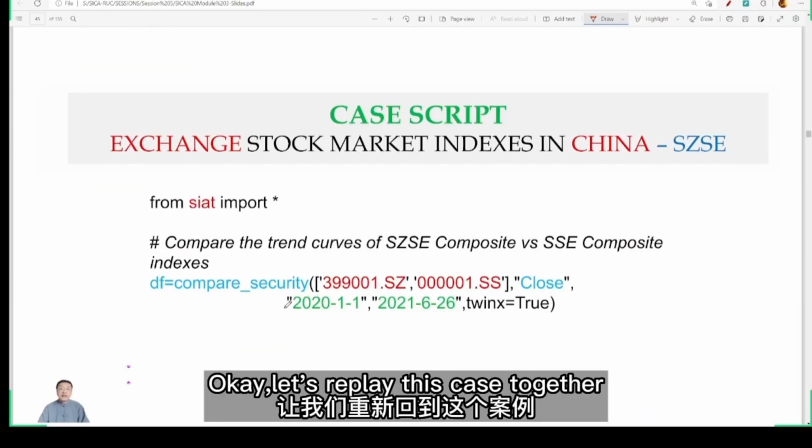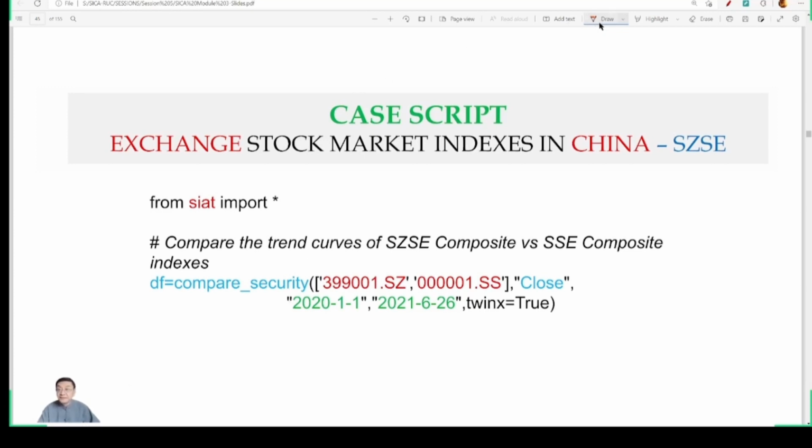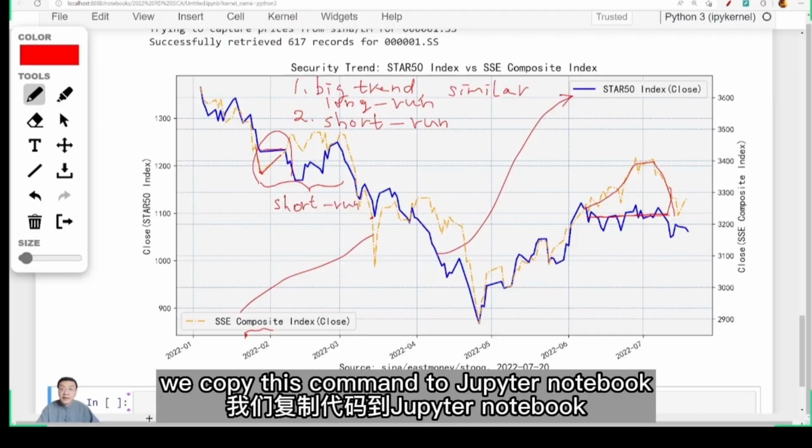Okay, let's replay this case together. We copy this command to Jupyter Notebook.